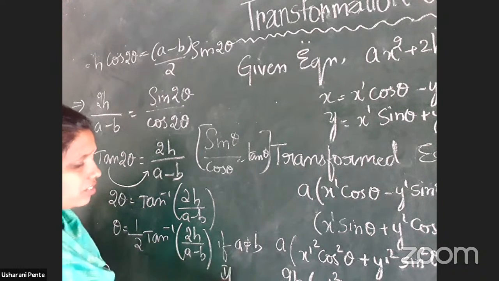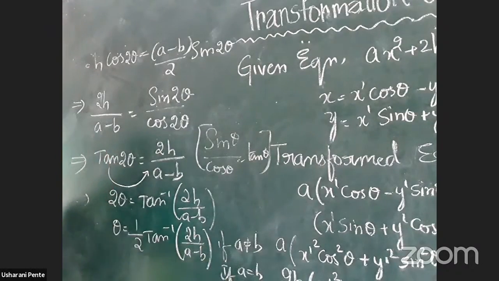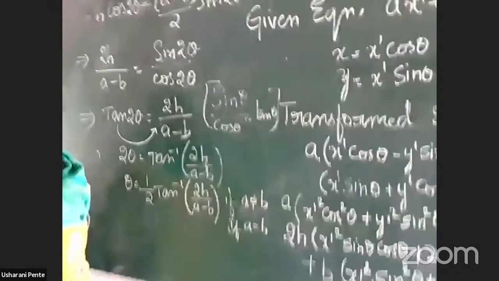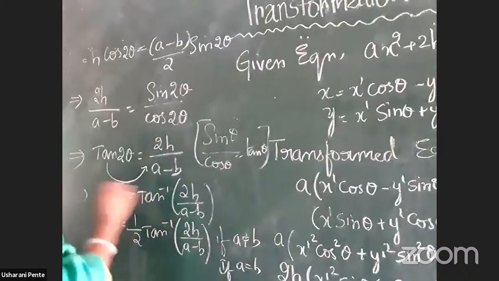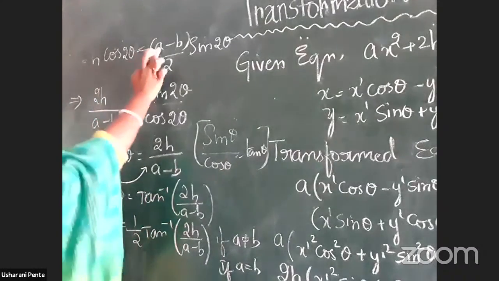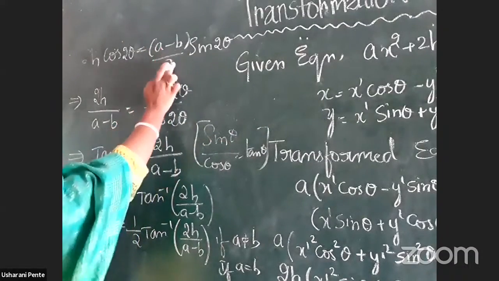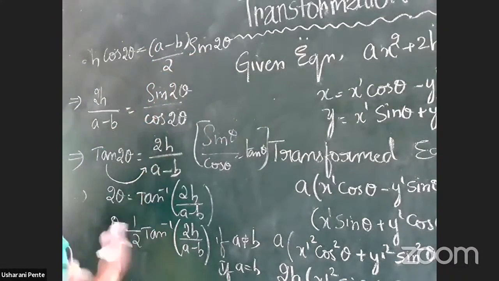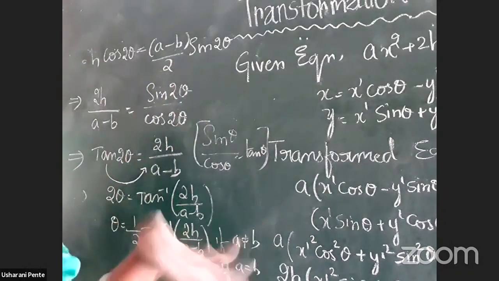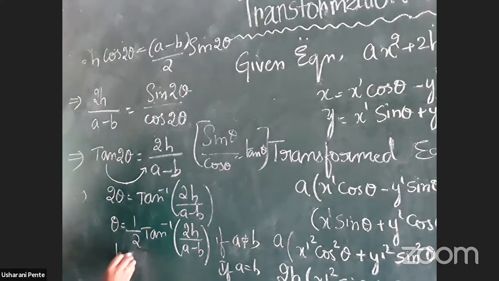If we have a equal to b, then in place of b we substitute a, and a minus a by 2 into sin theta will be how much? 0 by something, 0 into something is 0. Therefore, we will get h cos 2 theta is equal to 0.